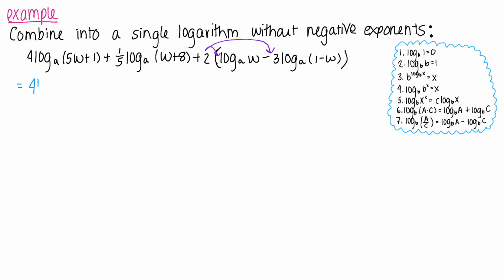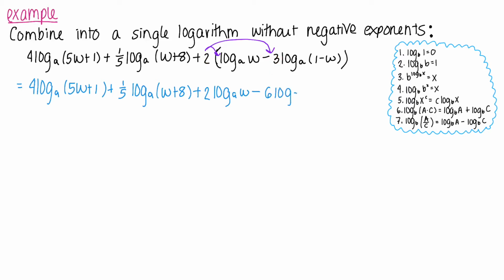So I have 4 log base A of 5w plus 1, plus 1/5 log base A of w plus 8, plus 2 log base A of w, minus, now this will be 2 times 3, so minus 6 log base A of 1 minus w.